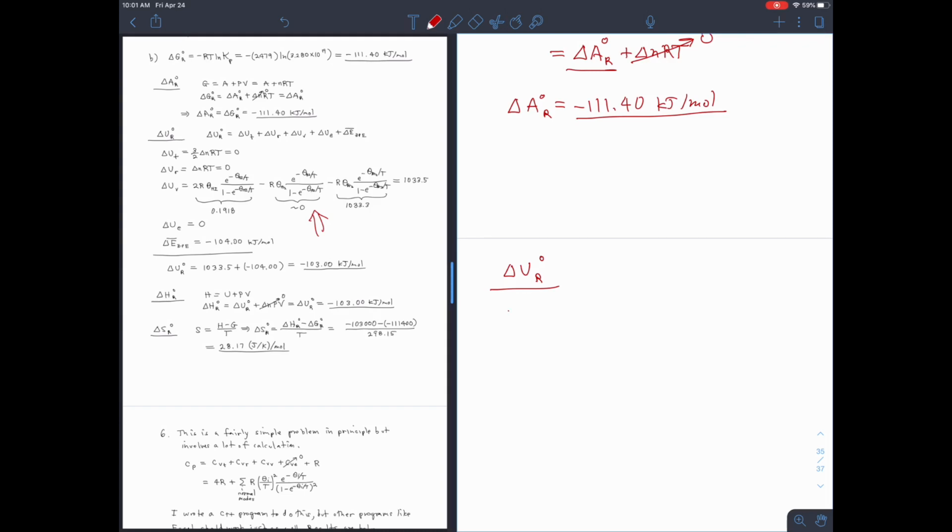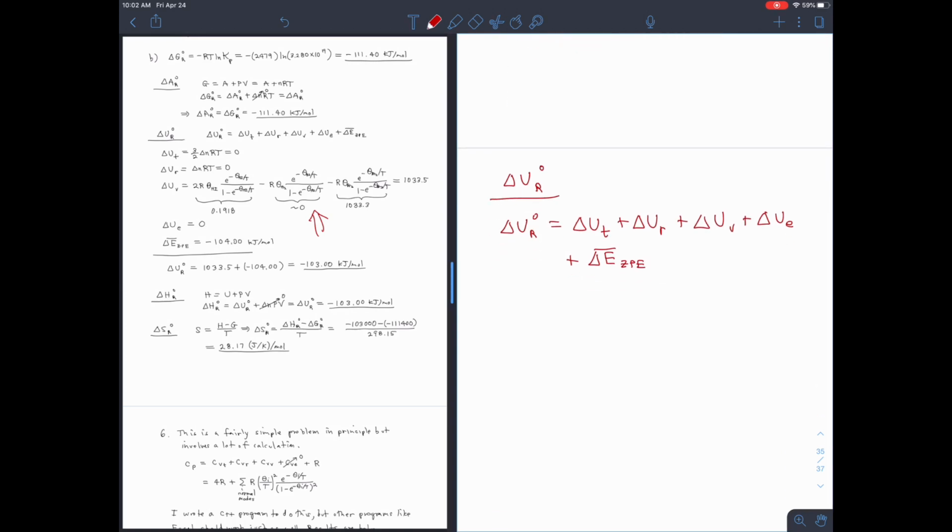So, as before, delta U of reaction has its own contributions from translations, from rotations, from vibrations, from electronic degrees of freedom, and then in this case, as with all chemical reactions, there's also a ZPE contribution that we'll have to calculate at the end. And as we've seen with the equilibrium constant, this ZPE factor turns out to be the biggest thing, though all the other contributions are significant too. Well, some of them are anyway.